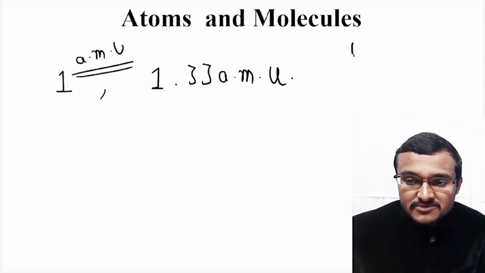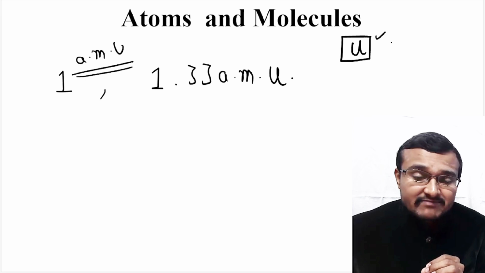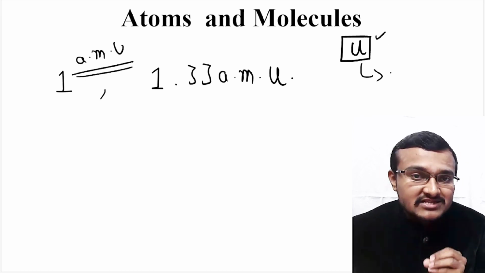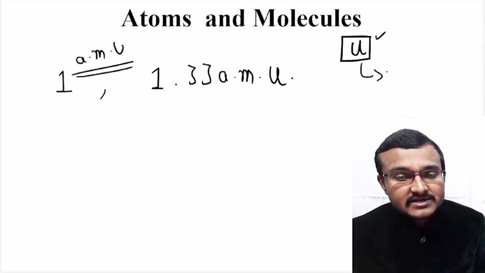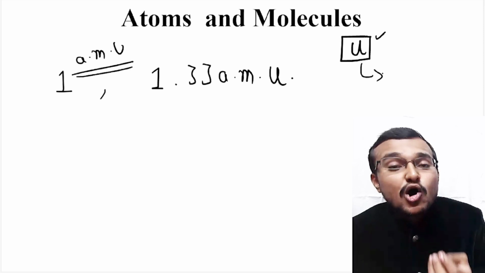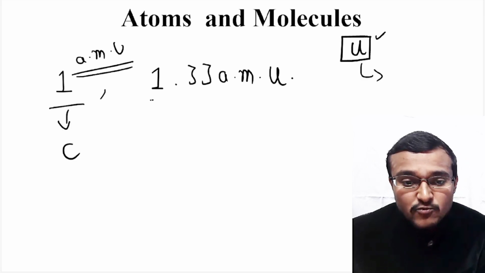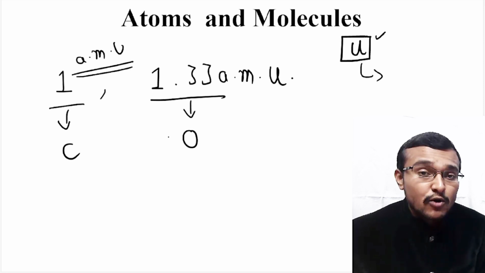Now we can use this particular symbol, just U. So this is actually the symbol recommended by IUPAC. So this U represents atomic mass unit, or it is also known as unified mass unit. So 1 AMU or 1 U, if you consider this as the mass of carbon, then 1.33 AMU will be the mass of oxygen. How?